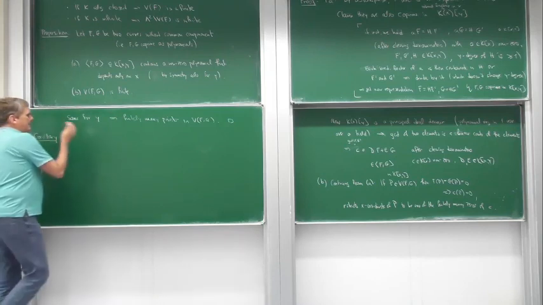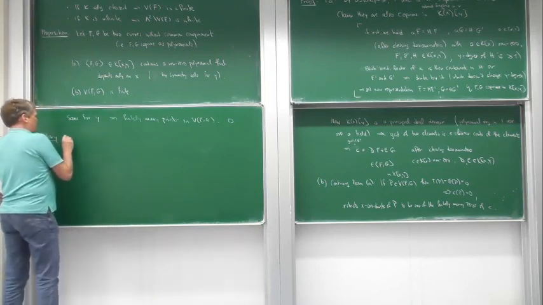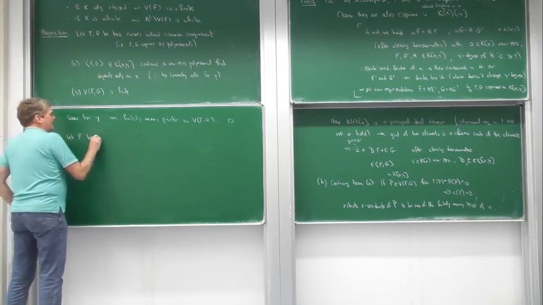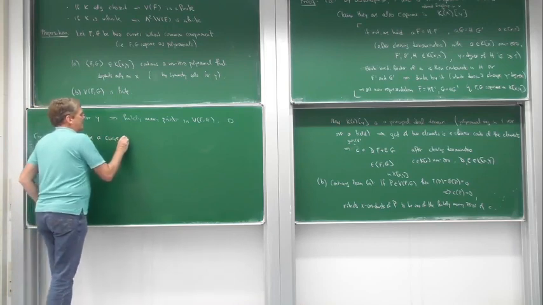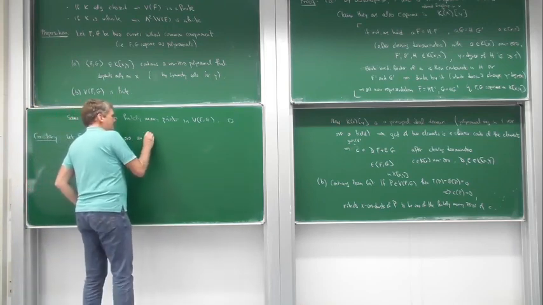And the statement here is, and there we now need that K is algebraically closed, so let F be a curve over an algebraically closed field.